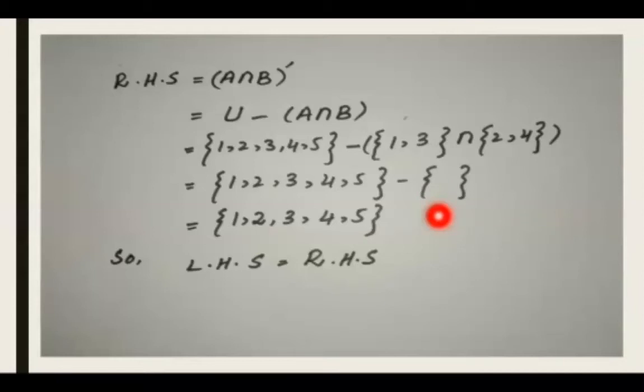Now we minus the empty set from the universal set U. When we minus the empty set from the universal set U, the answer will be the same universal set U because there is no element to minus. So, left hand side is equal to right hand side because the answers of both sets are 1, 2, 3, 4 and 5.